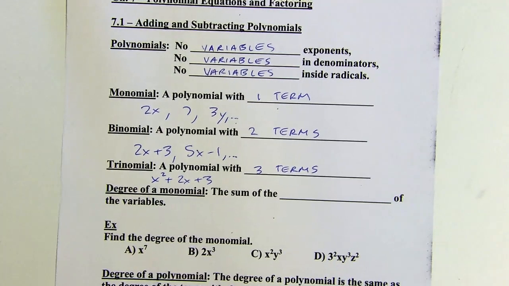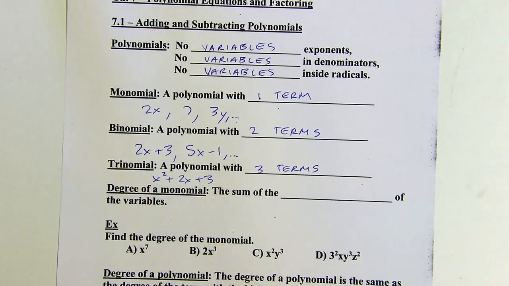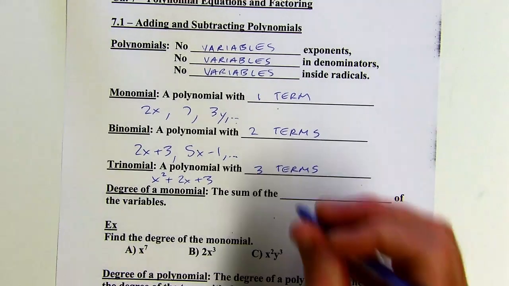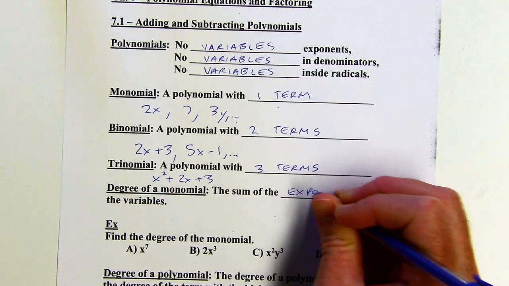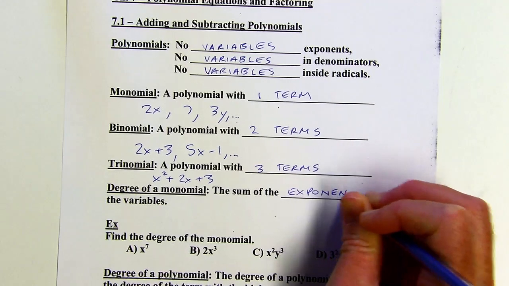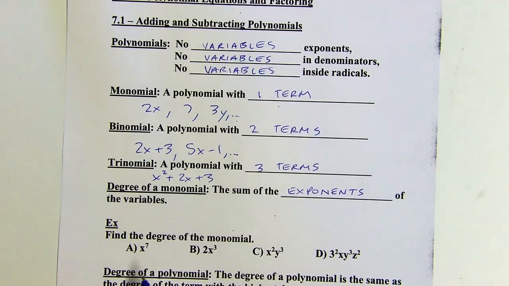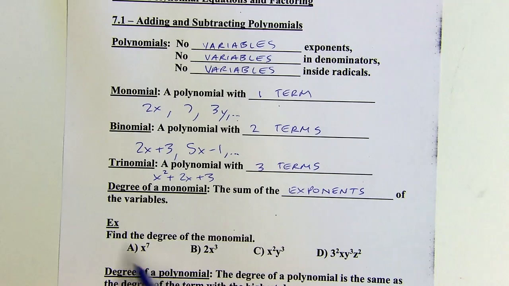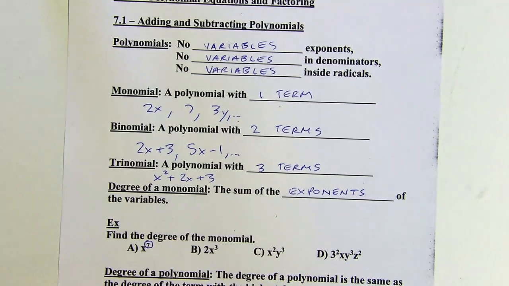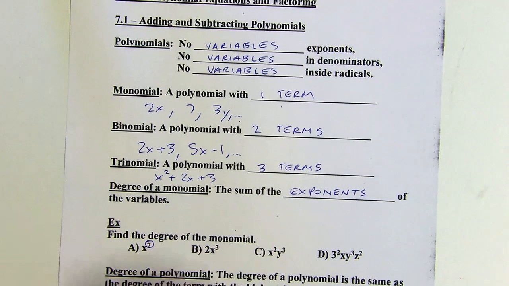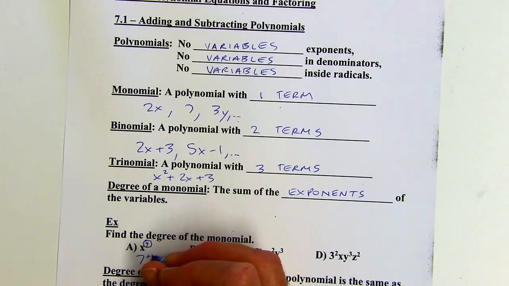Okay. The degree of a monomial is going to be the sum of the exponents of the variables. Okay, so looking at this example, we're going to find the degree of these. So this is x to the 7th, so my only exponent right there is the 7, so that means that this is 7th degree.